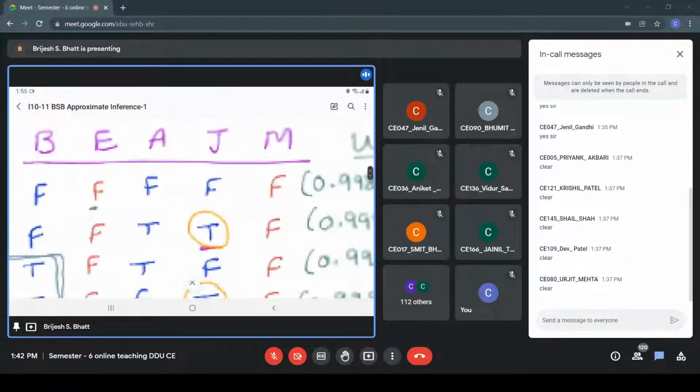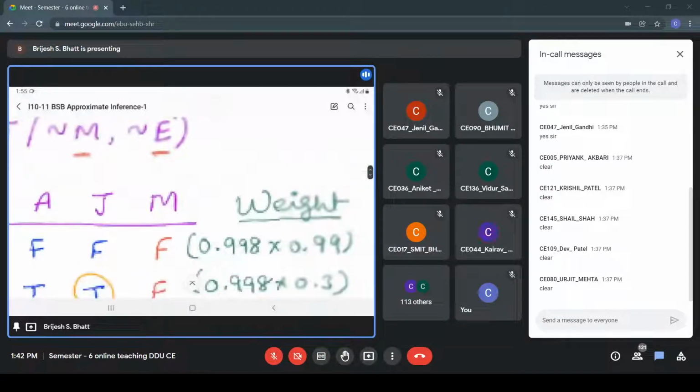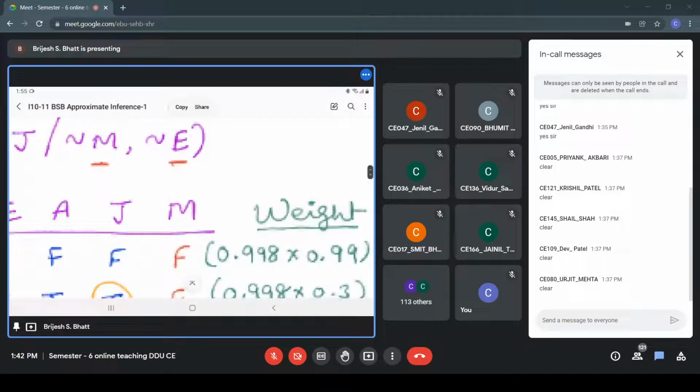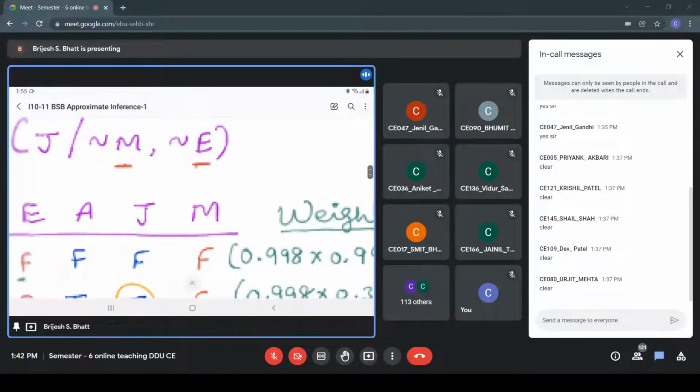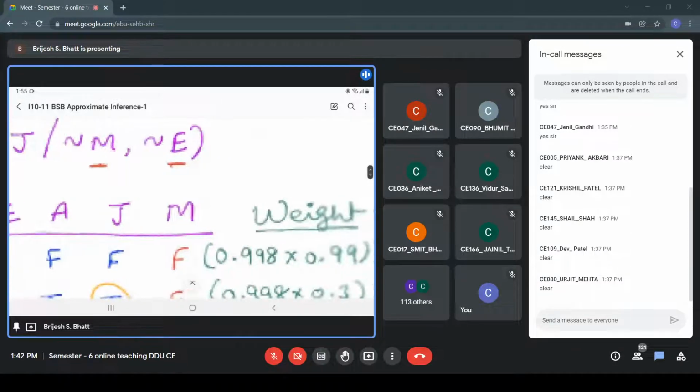Alarm is sampled, so we will not attach a probability with alarm. So the weight of the first sample will be 0.998 times 0.99. Which are these numbers? 0.998 and 0.99. The probability of seeing earthquake equal to false, and the probability of seeing Mary calls equal to false given that A is false.